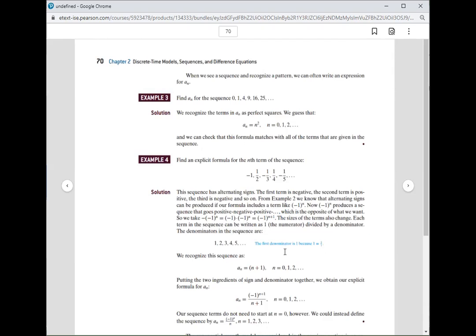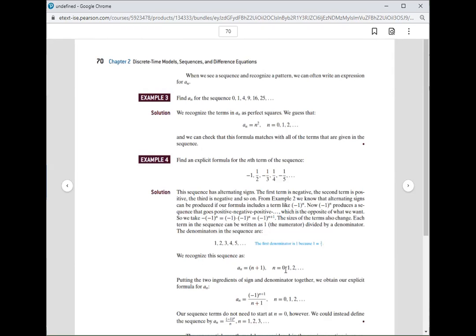The first denominator is 1 because 1 over 1 is 1. So you recognize this sequence as n plus 1, right? We start from 0.